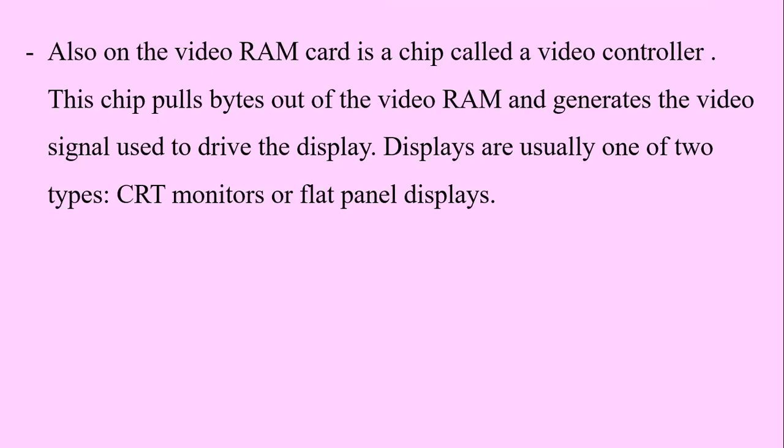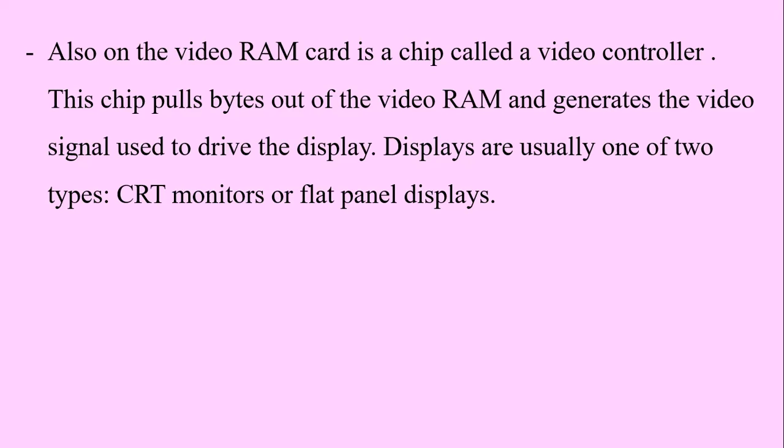Also, on the video RAM card, just as I have said, is a chip that is called a video controller. This chip pulls bytes out of the video RAM and generates the video signal that is used to drive the display. Displays are usually one of two types, that is, the cathode ray tube monitors or flat panel displays.